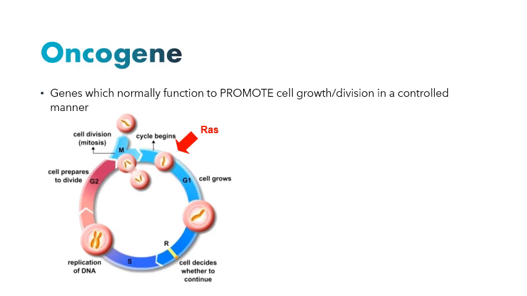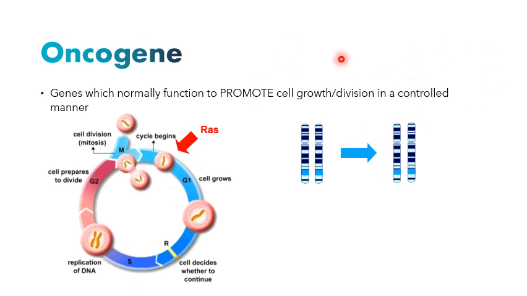So these oncogenes will be responsible for the control of the cell division process. For example, if you have a mutation in one copy of an oncogene, this will cause a cancer. So one mutated copy will be enough to have a cancer, based on the mutations in the oncogene or the proto-oncogene.